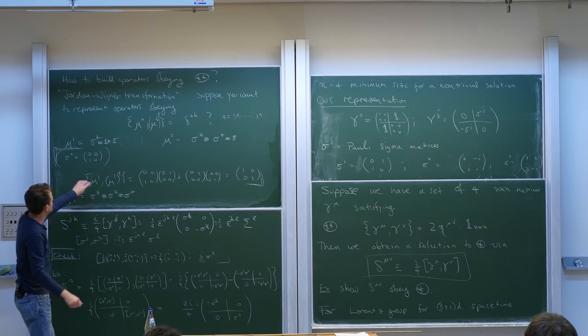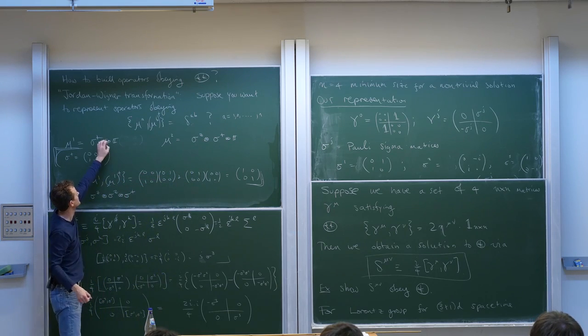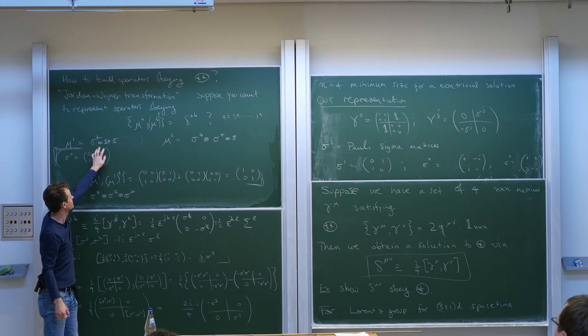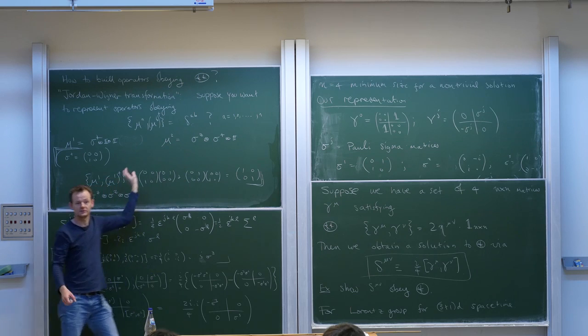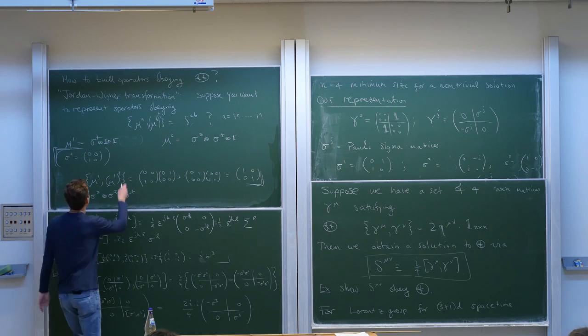And then you can check that this guy anti-commutes with this guy. It anti-commutes with this one. This one anti-commutes with its adjoint to give the identity, as does this one, as does this one. And in fact, this trick works forever.